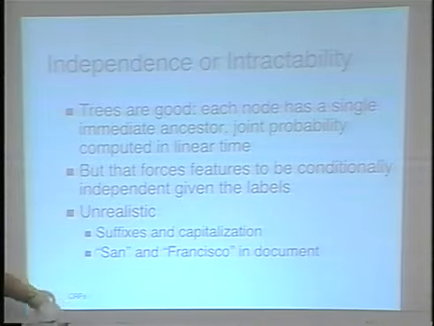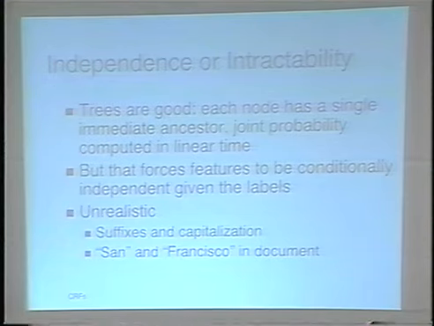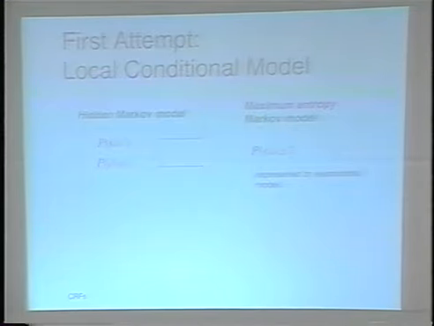And that's unrealistic, but if you go away from trees, the problems become computationally intractable. So there was some anxiety about this, and we wondered, couldn't we do better? And so we started looking at alternatives.